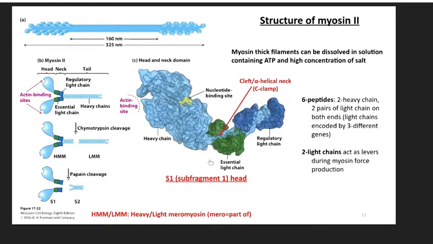This type 2 myosin has two sets of light chains, regulatory light chains and essential light chains. The alpha helical neck, also known as the C-clamp, passes through this essential light chain, and there is a nucleotide binding site on one end and an actin binding site on the other, on the S1 head portion.